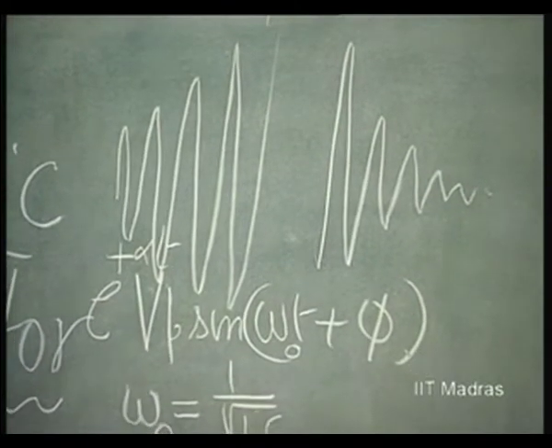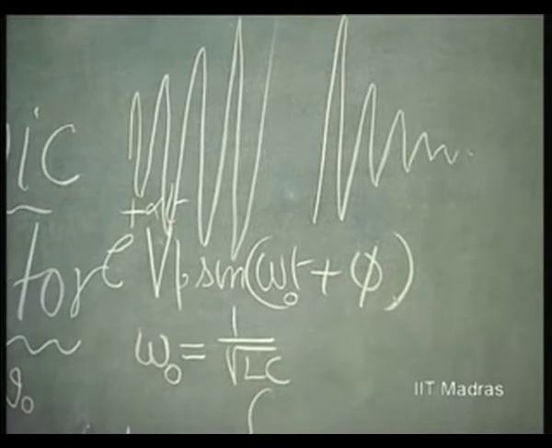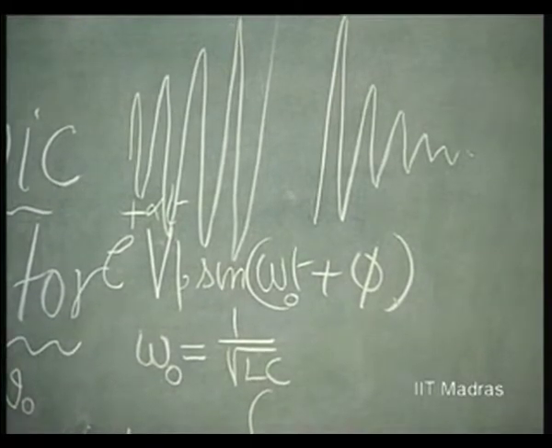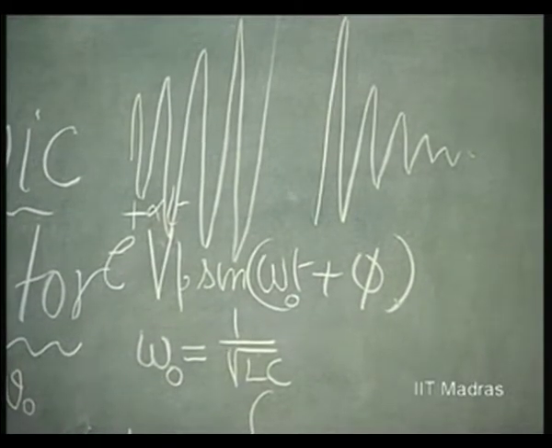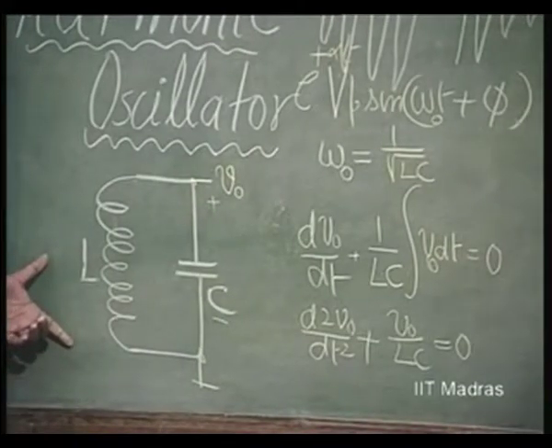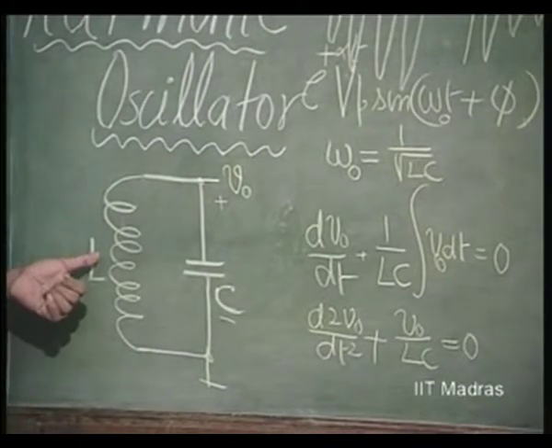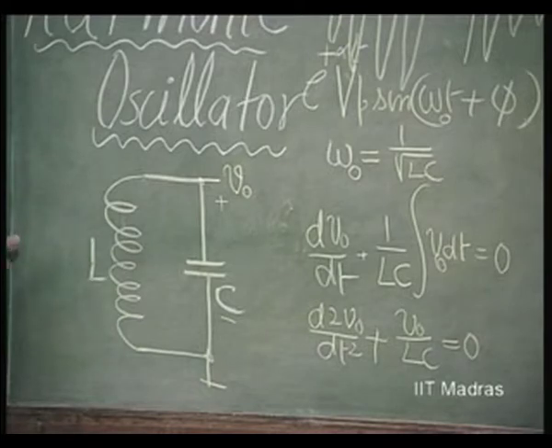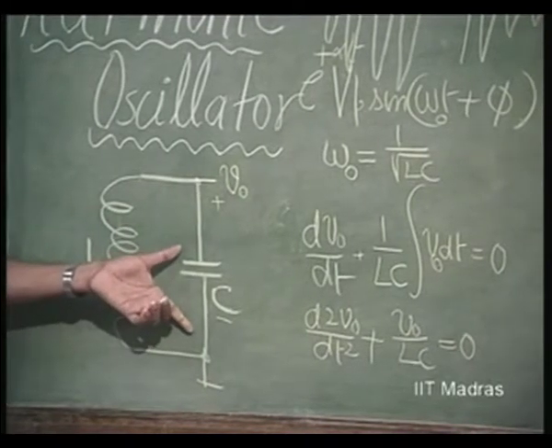So, how can I therefore say that in practice, this circuit definitely is going to have an inductor with some loss component in it. So will the capacitor have some loss component.